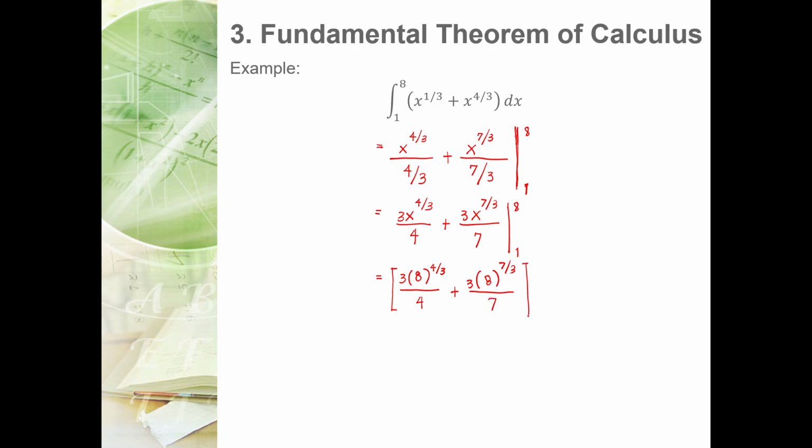That is from the upper limit. Now minus the lower limit: 3 times 1 to the power of 4/3 all over 4, then plus 3 times 1 to the power of 7/3 all over 7.